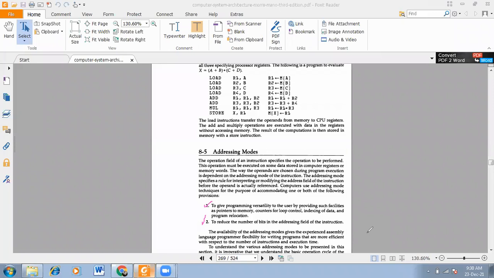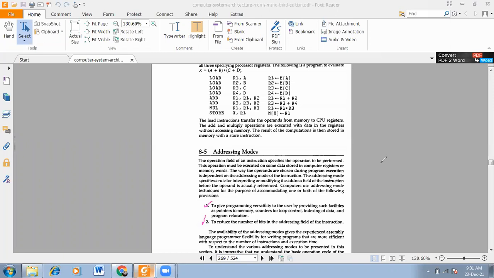Program relocation means suppose you want to call some subroutine. That means you are sending your program control to some other location. So definitely addressing mode must be there. Different kinds of addressing mode you need. Also, to reduce the bulkiness or the number of bits in the addressing field of the instruction, you need to have some kind of addressing modes.